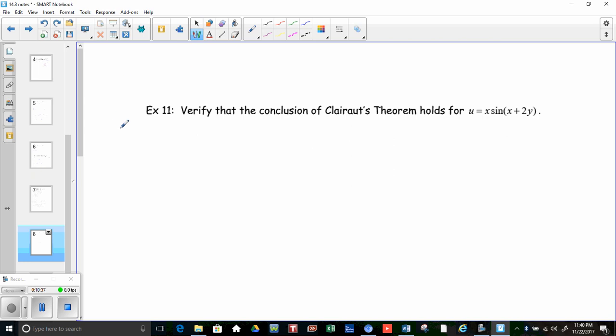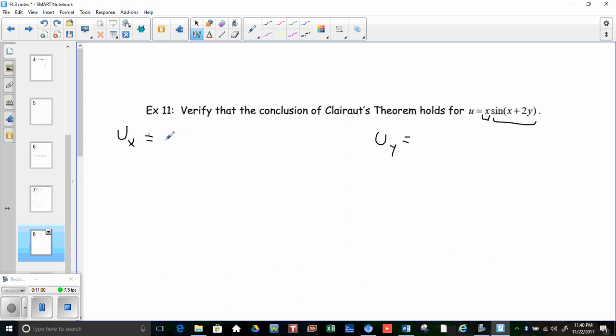So we want to do the partial of u with respect to x and the partial of u with respect to y, and then we'll do the second partial with respect to the other variable and see that they're the same thing. All right, with respect to x, this is going to be a product rule. I've got x here, and then I've got an x inside the sine.